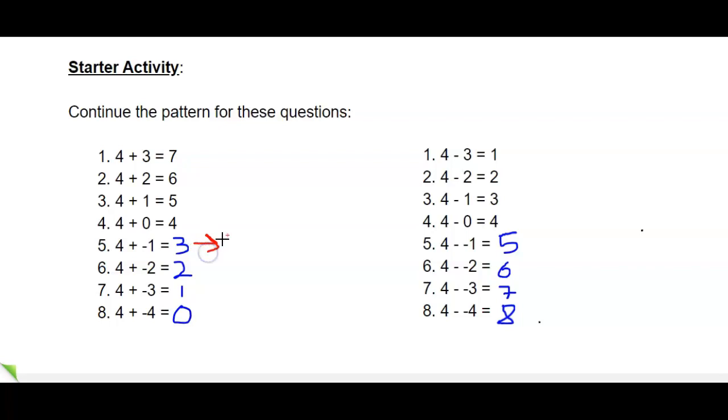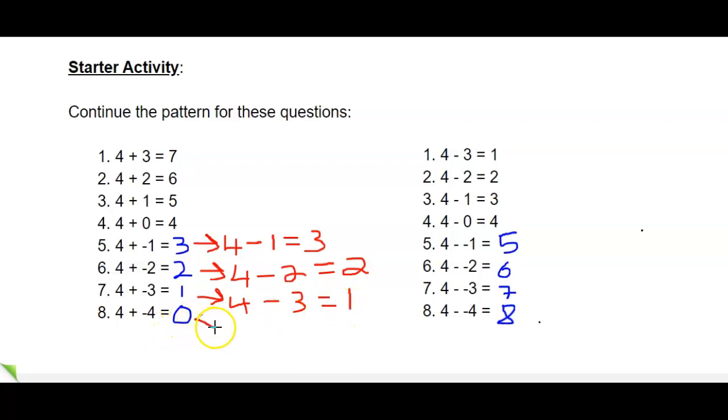So it follows that 4 take away 1 is also 3. 4 take away 2 would also give us 2. 4 minus 3 would give us 1. And then finally, 4 minus 4 equals 0.